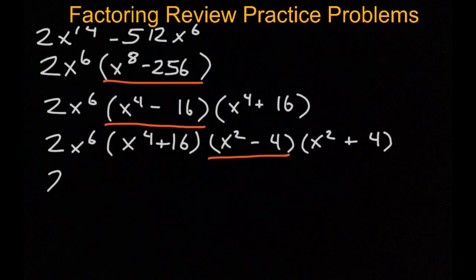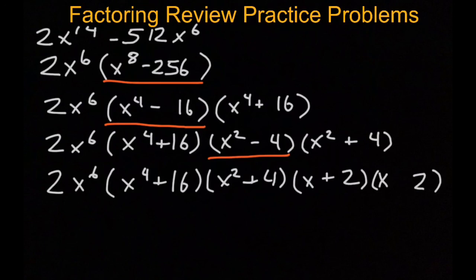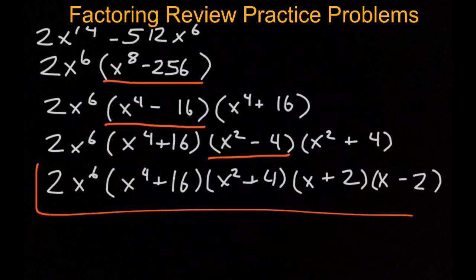So let's rewrite this again. 2x to the power of 6 bracket x to the power of 4 plus 16 x squared plus 4. And using the difference of squares method, let's factor x squared minus 4. So x squared square rooted is simply x, and 4 square rooted is just 2. So we're left with this. And this is our final answer for the fifth question.